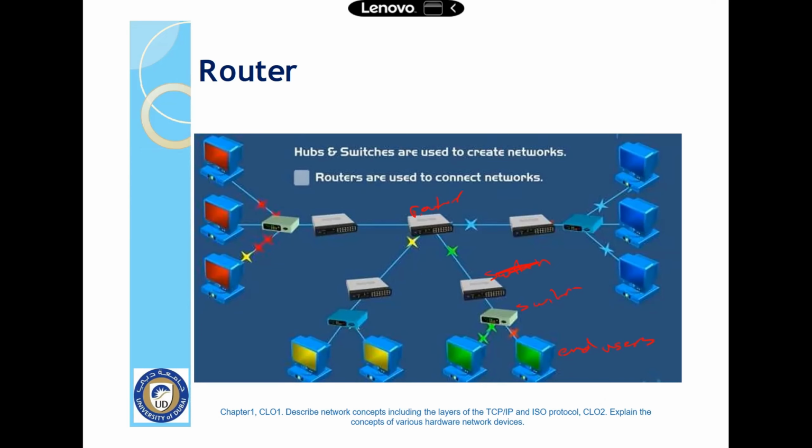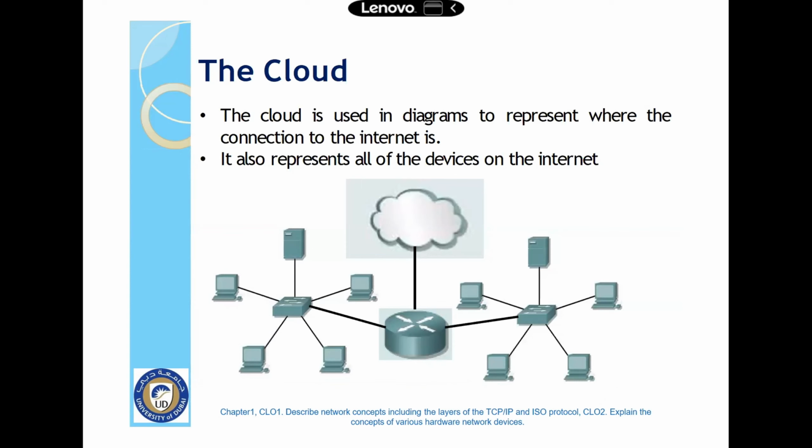We have 4 local area networks here, and the cloud, which resembles the internet. The cloud is used in diagrams to represent where the connection to the internet is. So this is LAN 1, and this is LAN 2, and here we have the router. And here is the cloud, which is the internet.